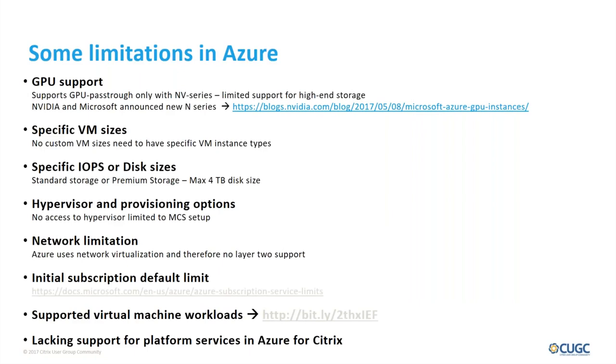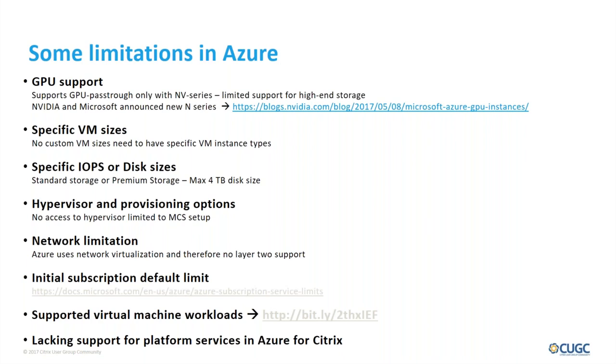But there are some limitations in terms of infrastructure that I want to make you aware of. So let's start with GPU support. In Azure, there's an instance type called the NV series, which provides us with an M60 card using GPU pass-through.